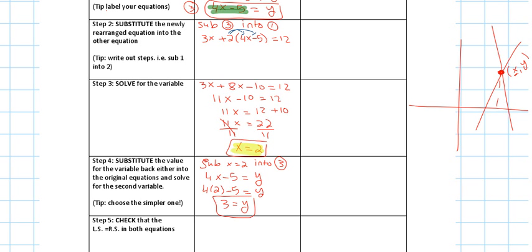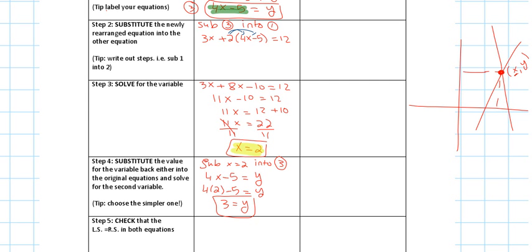So did I find my point? What's my point then? 2, 3. So my point is 2, 3. That's the point of intersection between these 2 lines. Okay? Now I can check my work. I can make sure that these answers are correct.